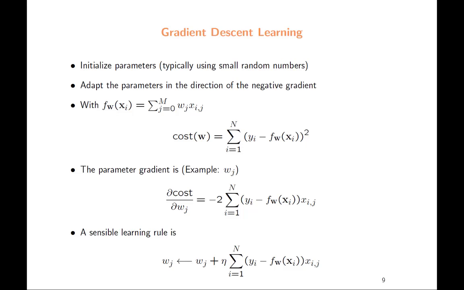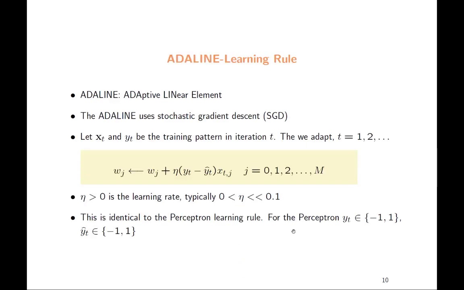And so we want to go in the negative direction of the gradient, so we can adapt wj: the new wj is the old wj plus eta, sum over data points, target minus prediction times xij. So if we adapt wj, the j appears here, it's a sum over all data points. And of course, there's a stochastic gradient descent version of this.